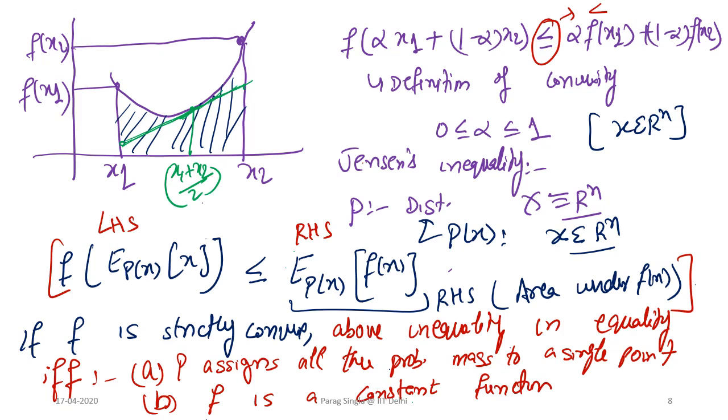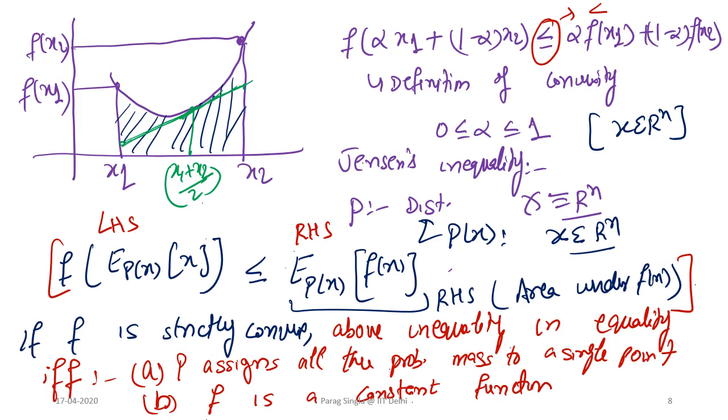If f is strictly convex, then this inequality becomes an equality only in cases where either p collapses to a single point, so all the probability mass is at a single point, and then it's not difficult to show that this becomes an equality.